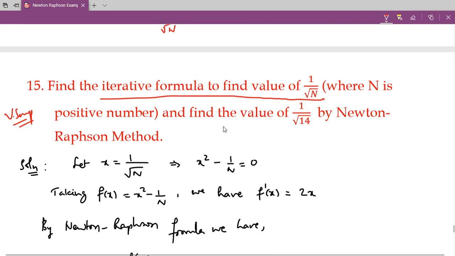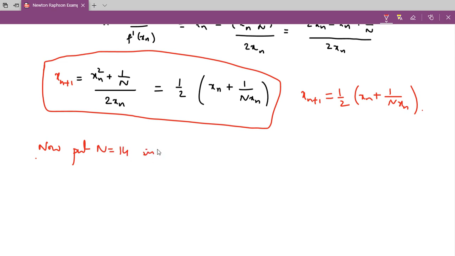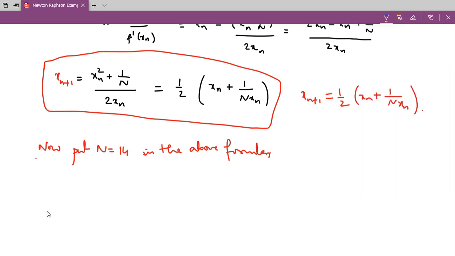Next, if finding the value of 1 by root 14 is asked, then we have to take n as 14 and put n equal to 14 in the above formula. We first make the formula, then put the n value there.